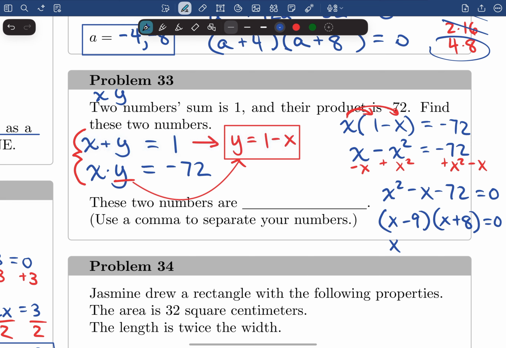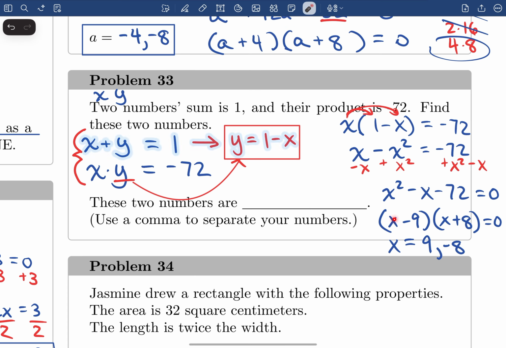And so the solutions for x, right, are either +9 or -8. Because once again, 9 minus 9 is 0, so 9 is a solution, and -8 plus 8 is 0, so -8 is a solution. So I found two possible solutions for x.